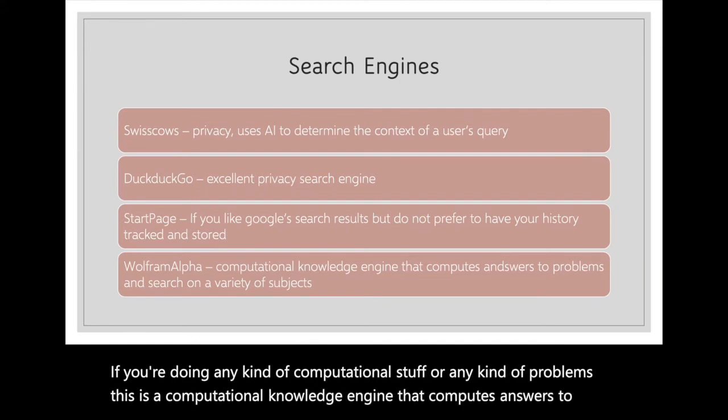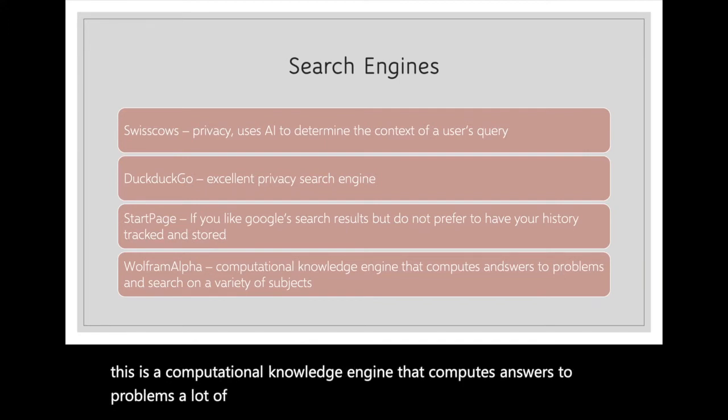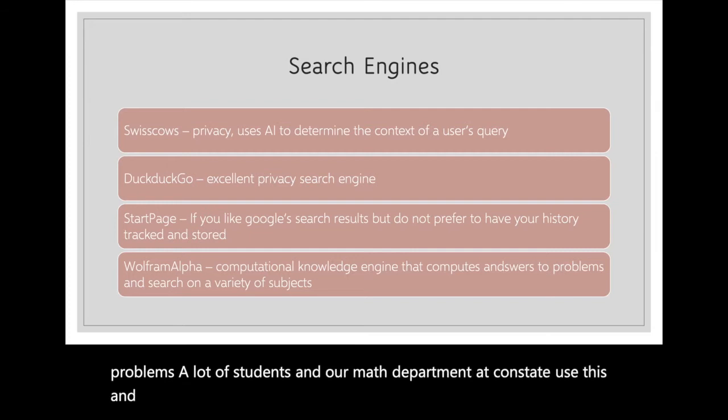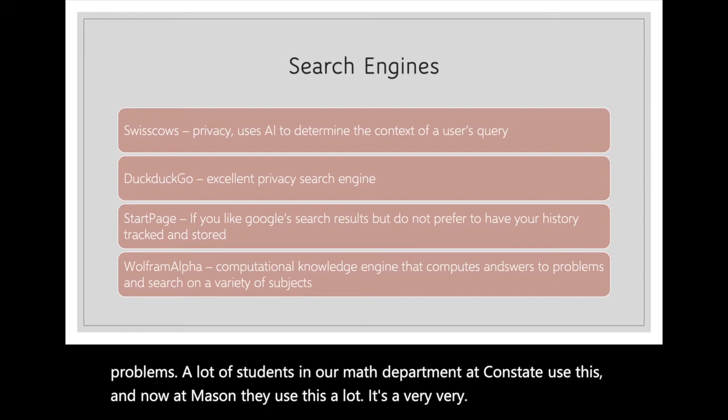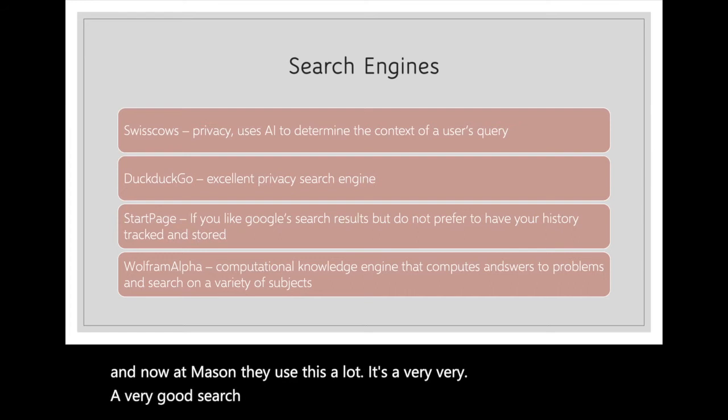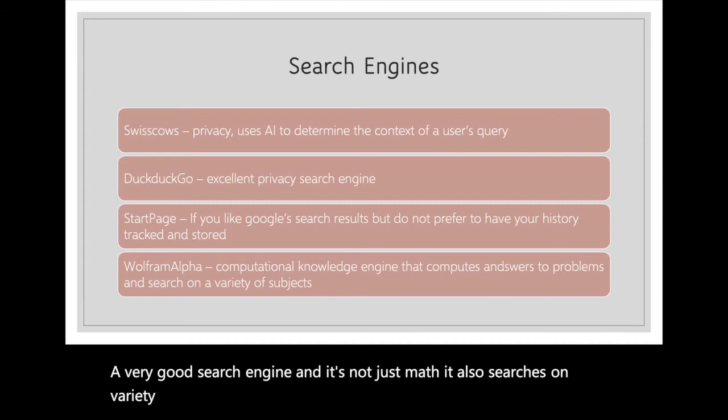A lot of students in our math department at Kent State use this, and now at Mason they use this a lot. It's a very good search engine, and it's not just math. It also searches a variety of subjects, but most of them are science-based.